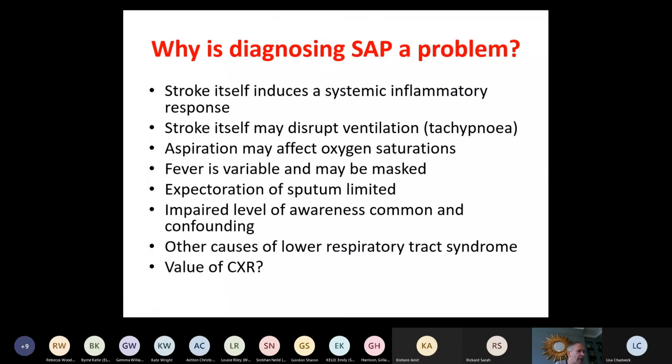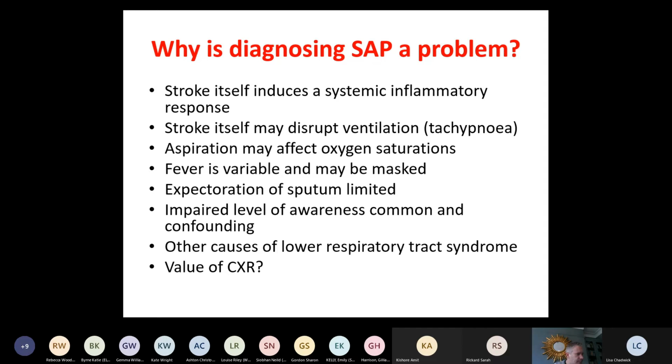So the question arises, why is diagnosing SAP a problem? This is really the first fundamental question. Surely it's not that difficult, but actually there are a number of issues. The first thing to consider is that stroke itself induces both neurophysiological and inflammatory pathways, which create an acute systemic inflammatory response with parameters like fever and elevated CRP and white blood count.